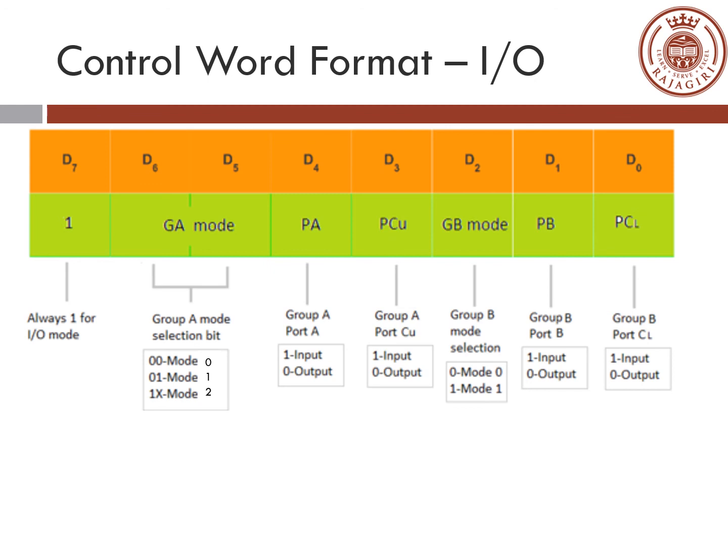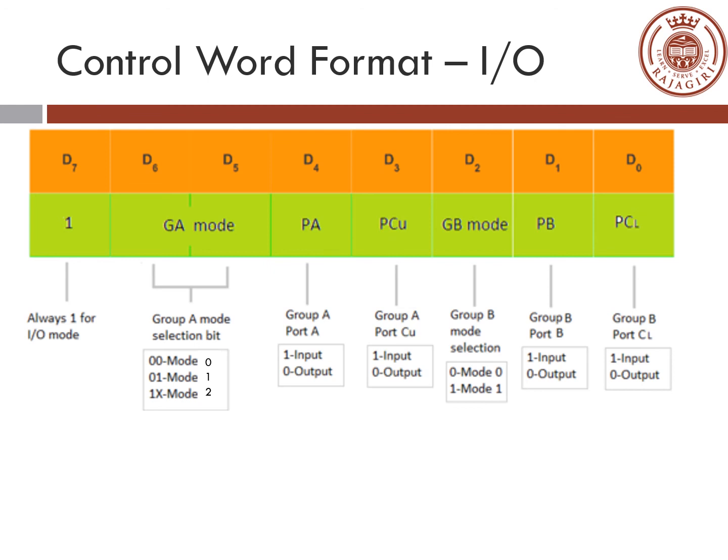The remaining signals are for the group B signals. So bit D2 is the group B mode select, and group B can be 0, which is mode 0, and 1 implies mode 1. The port of group B, which is port B, can be programmed to be in input mode if it is 1 and output mode if it is 0.